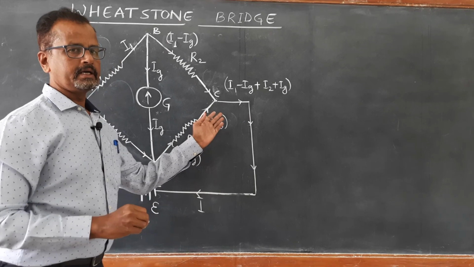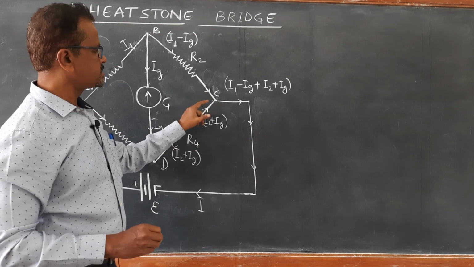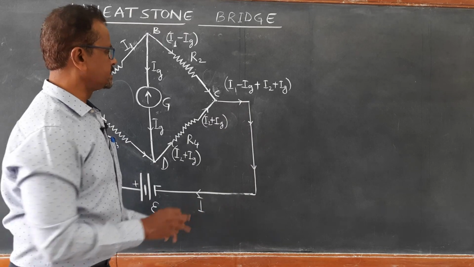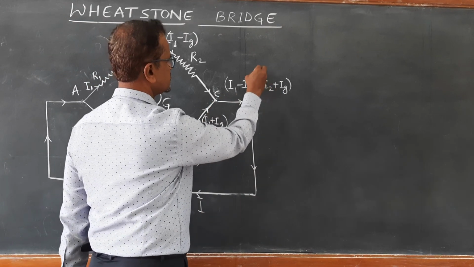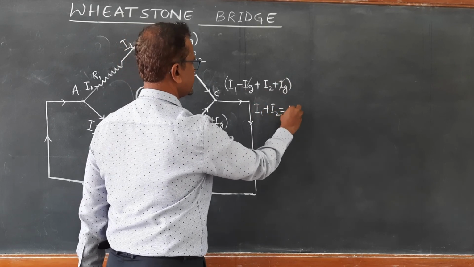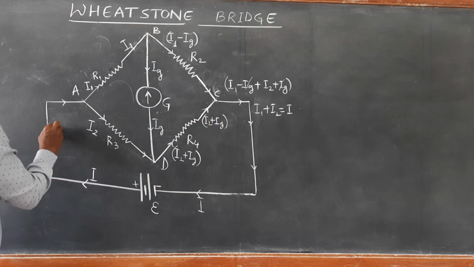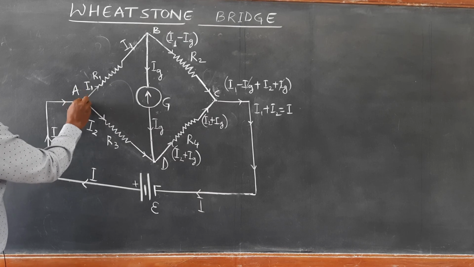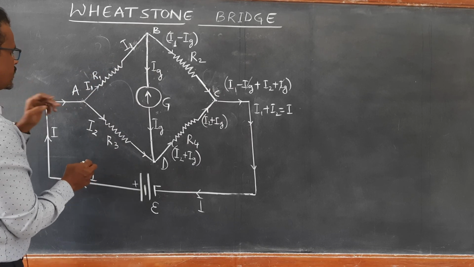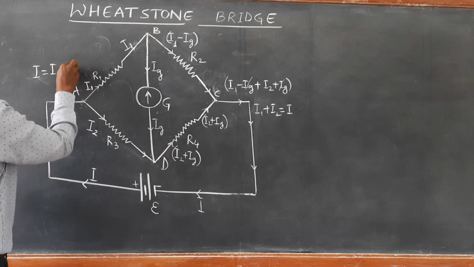By applying Kirchhoff's current law, the currents entering at C must equal the current leaving at C. After cancelling IG, you are left with I1 plus I2, and this becomes the main current I. As we have seen, the main current I, after reaching point A, splits into two paths, I1 along AB and I2 along AD. So applying Kirchhoff's current law, I equals I1 plus I2.